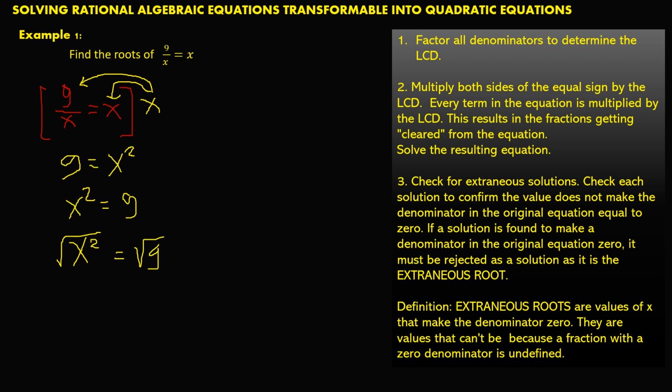The square root of x squared is x, and the square root of 9 here is positive and negative 3. And for step 3, check the extraneous solutions.